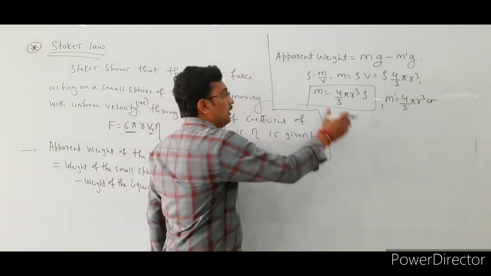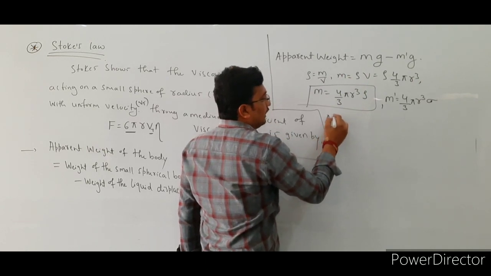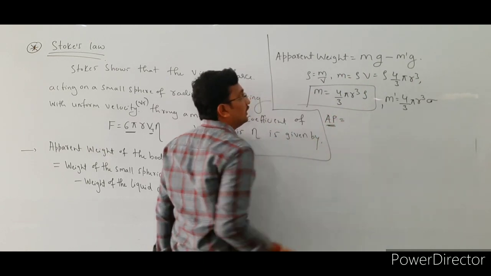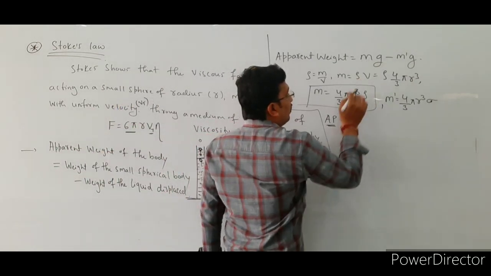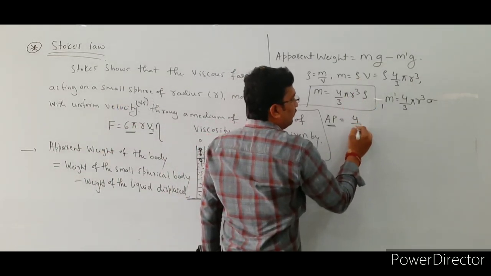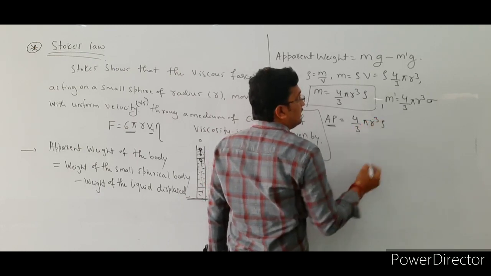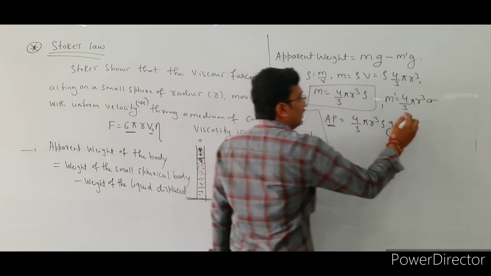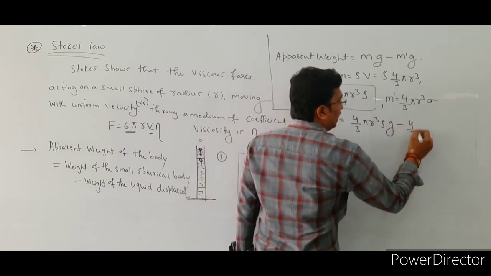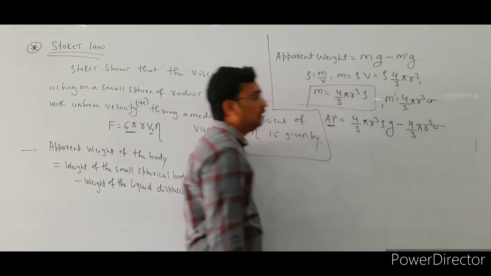Then substitute the m and m dash values in this equation. The apparent weight of the body is equal to 4 by 3 pi r cube into density rho into acceleration due to gravity, minus 4 by 3 pi r cube into the density of the liquid sigma.